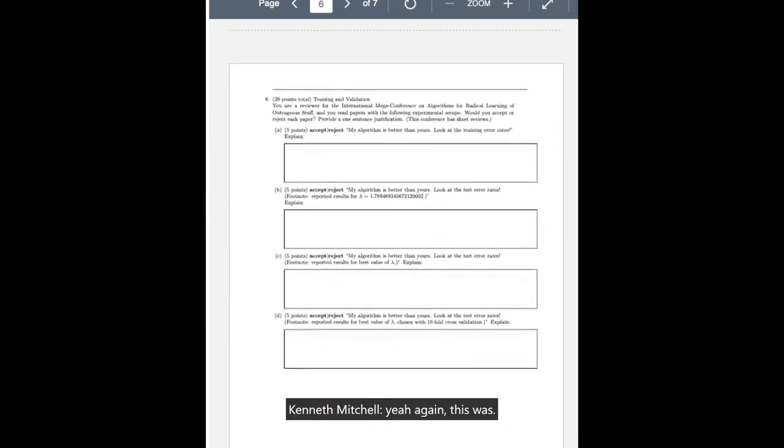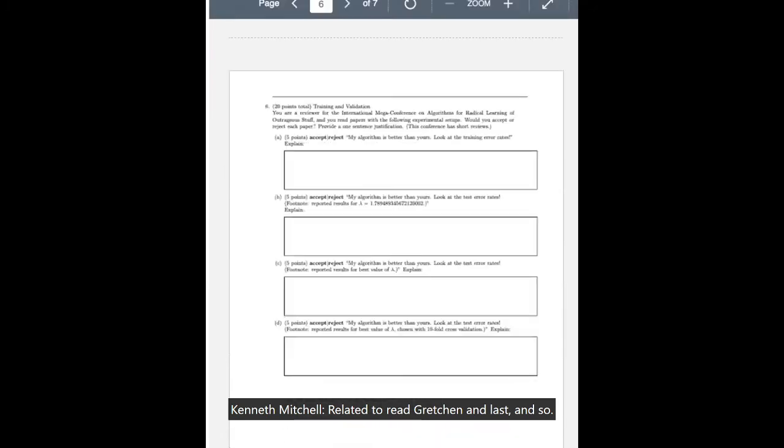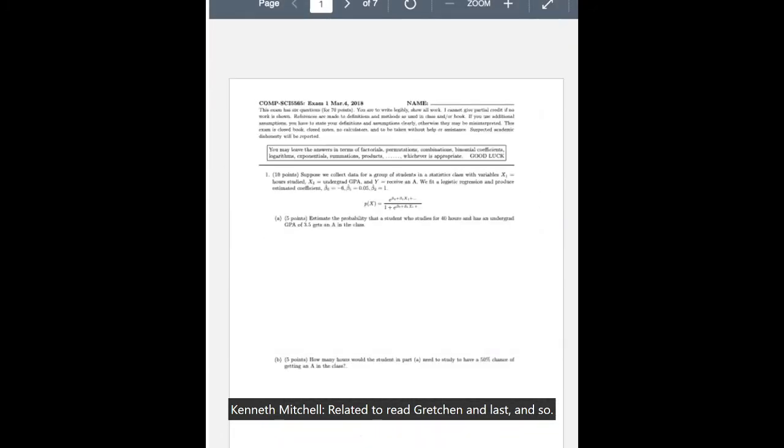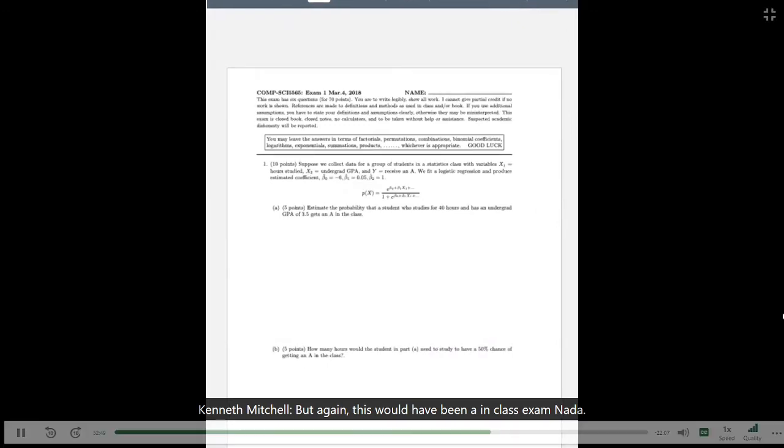Again, this was related to regression and lasso. But again, this would have been an in-class exam.